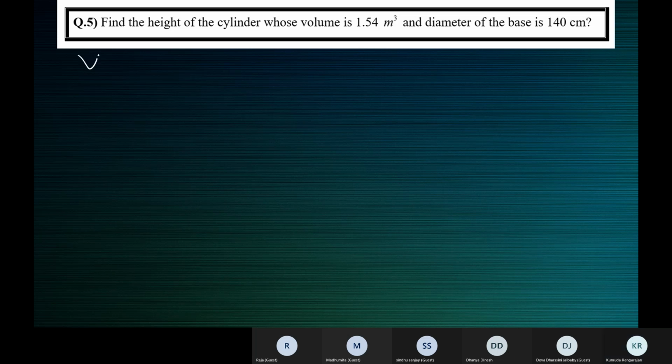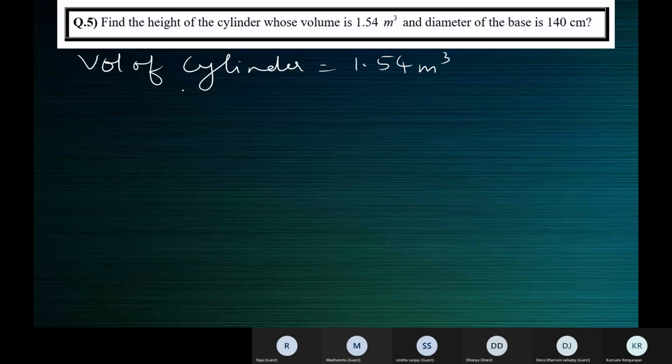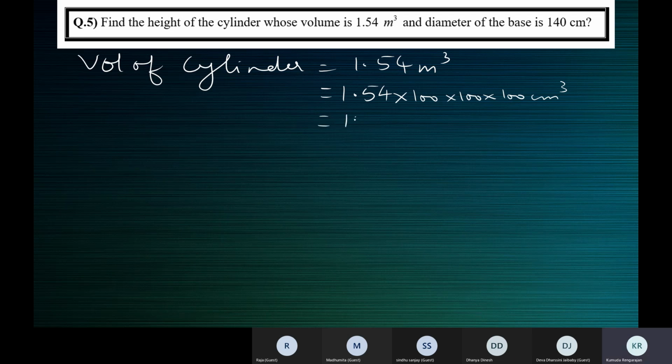See here, volume of cylinder is given to be 1.54 meter cubed. That is nothing but 1.54 into 100 into 100 into 100 centimeter cubed, which is 1541212 centimeter cubed on multiplying.